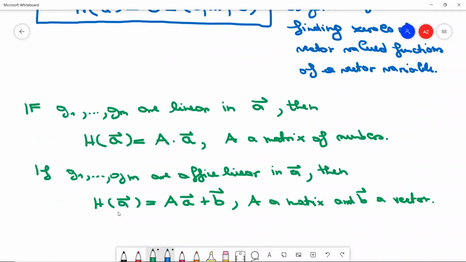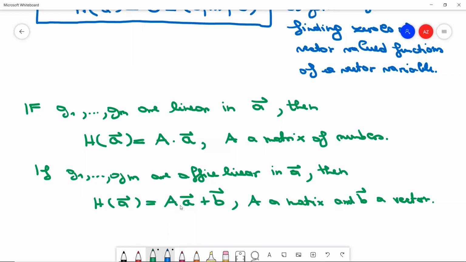And this is what we're gonna use. Even if H won't be linear, we will use a linear approximation to approximate the solution of this system, H of A is equal to 0.